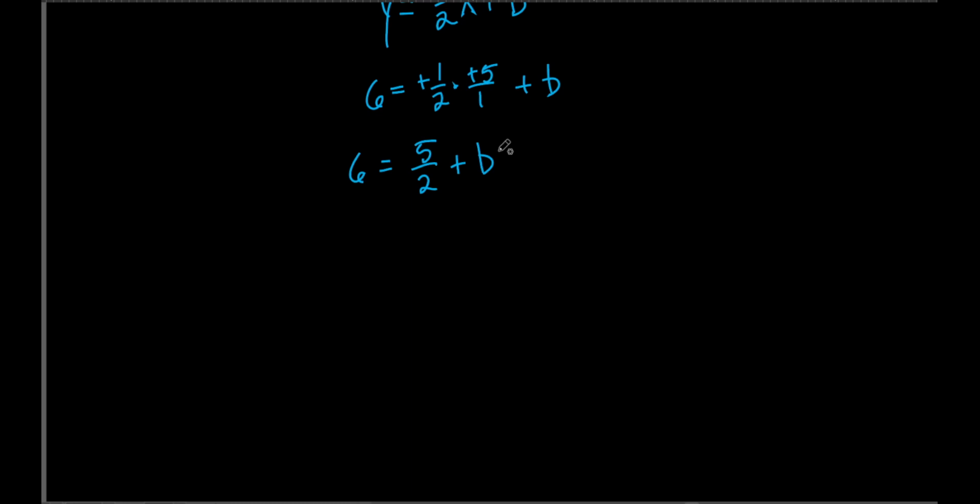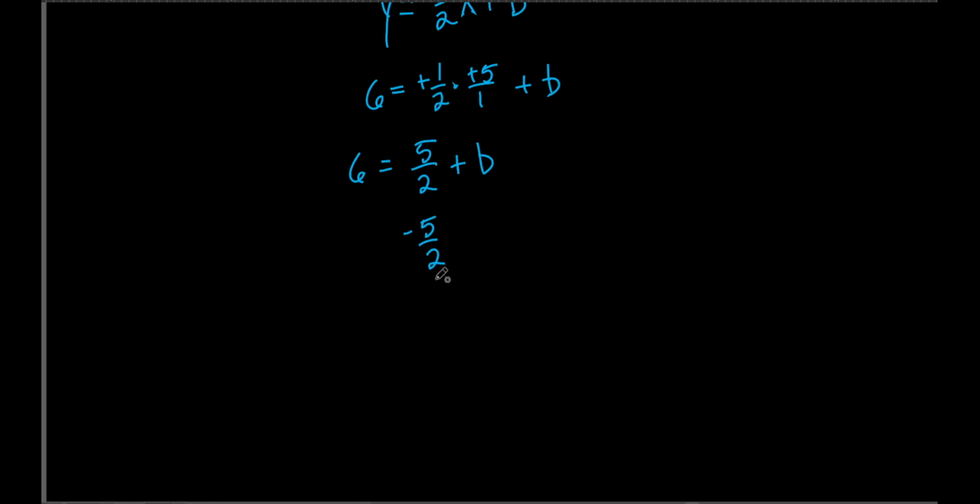Now the next part's probably the hardest part of this whole entire problem. It's because people don't like to deal with fractions. All right, you're going to have to deal with fractions in this case. So 5/2. How do I get rid of that 5/2? Time's running out, so I'll do it for you. You subtract 5/2. If it was like a 3, what would you do? You'd subtract a 3, wouldn't you? But it's not. It's a 5/2.